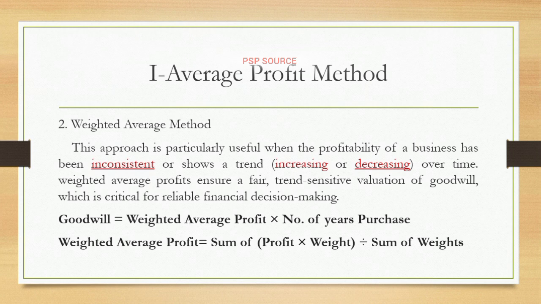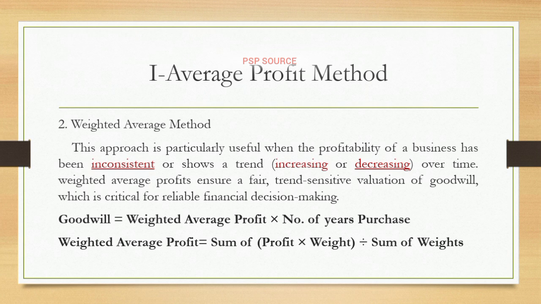Inconsistent means, for example, in the first year I'm earning 1 lakh, in the second year I'm suffering a loss of rupees 70,000, and in the third year 30,000. Here the income is not consistent. The volatility is huge. That means inconsistent.